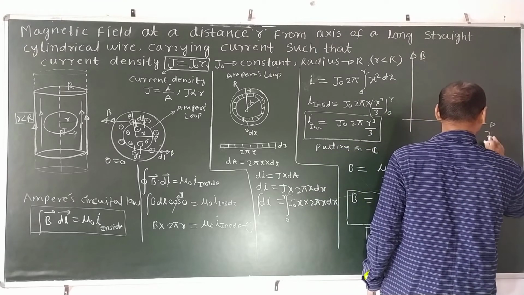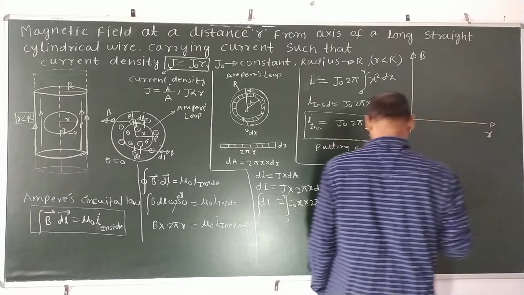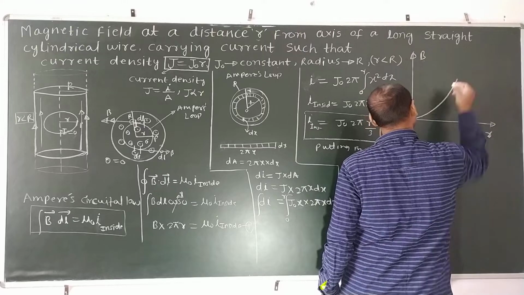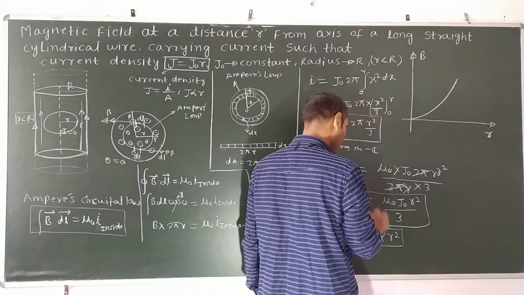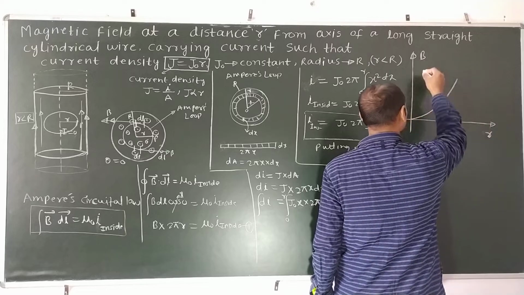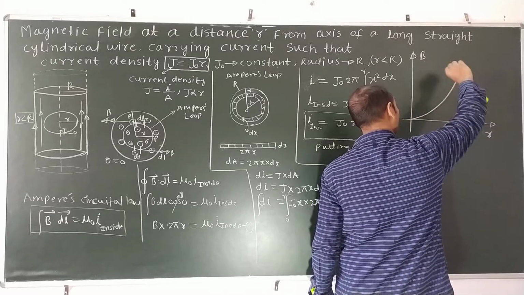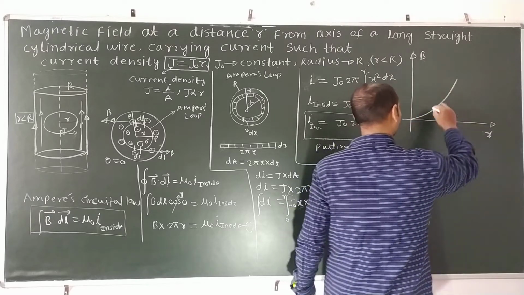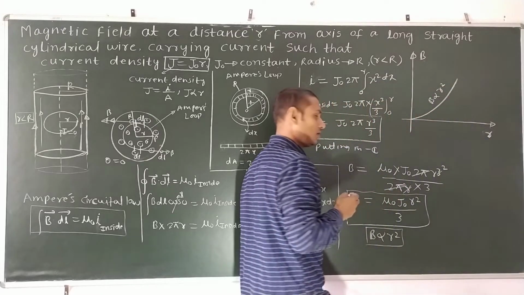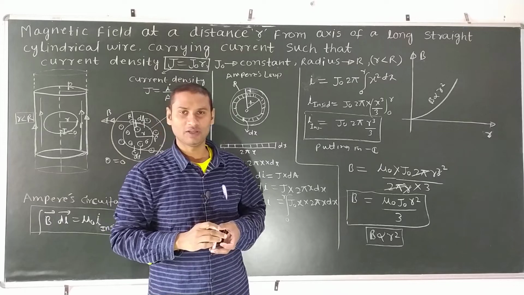We know that the graph of a quadratic equation is parabolic in shape, so B varies in a parabolic shape. As we increase the value of r, B also increases following this curve, since B is directly proportional to r square. I think you are able to follow me. Thank you very much.